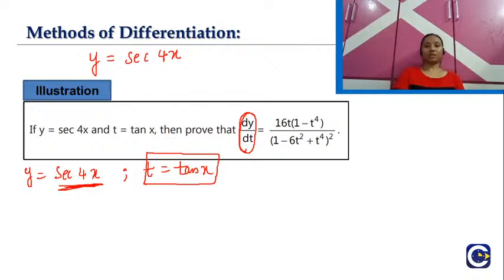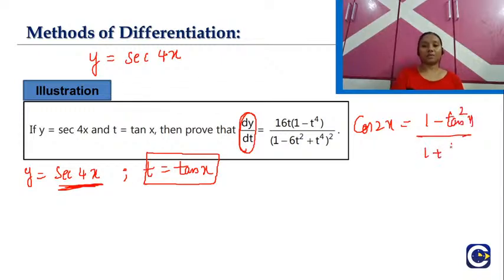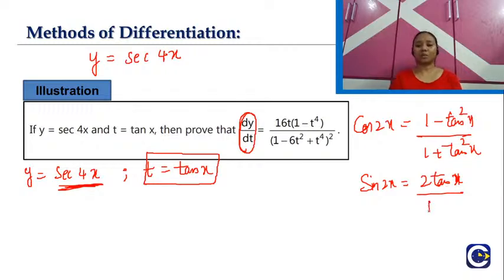If you remember, we have formulas for cos 2x and sin 2x in terms of tan. For cos 2x, it will be 1 minus tan square x by 1 plus tan square x. And for sin 2x, it will be 2 tan x by 1 plus tan square x.